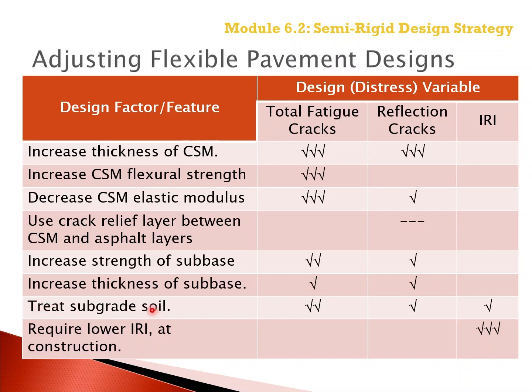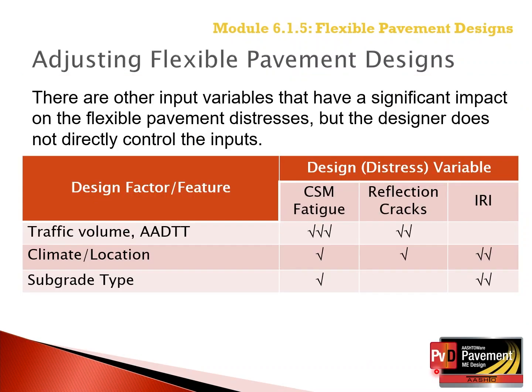Treating the subgrade soil to improve the subgrade soil has an effect on the total amount of fatigue cracks and a minor impact on IRI and reflection cracks. On IRI predominantly from the site factor equation, and then requiring a lower IRI at construction obviously has a significant impact on IRI, but has no impact on the other distress variables.